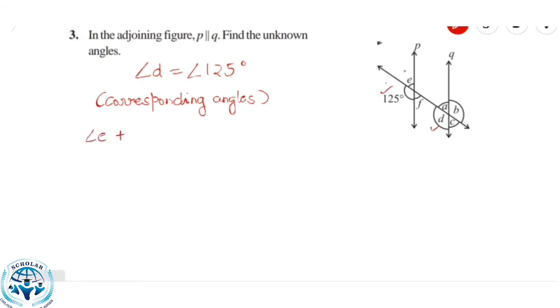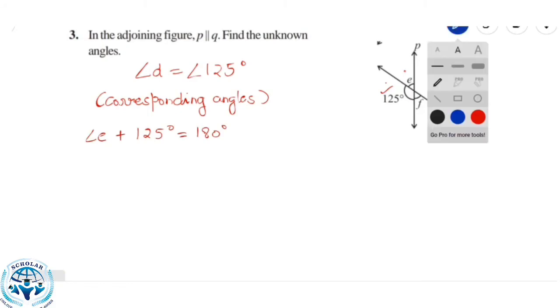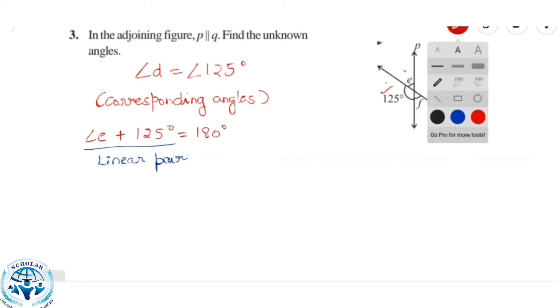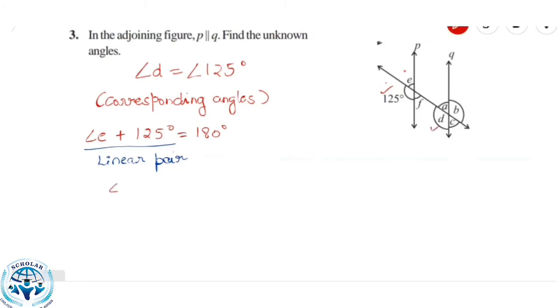We have to find out angle E, A, B, C and F. Angle E plus 125 degrees is equal to 180 degrees, as this is a linear pair. So we can find out easily the value of angle E by subtracting 125 from 180. So E will be equal to 55 degrees.